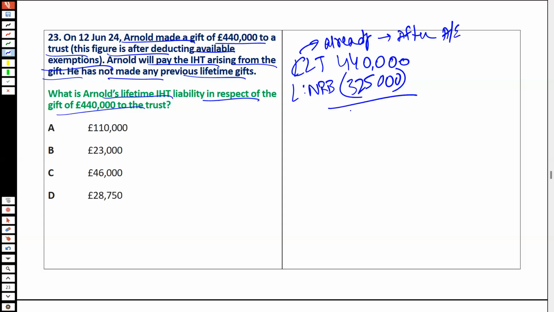So that gives 115,000, the amount which exceeds the NRB. IHT would be at the rate of 25%. Why am I taking 25%? Because Arnold is going to pay the tax. So 28,750.